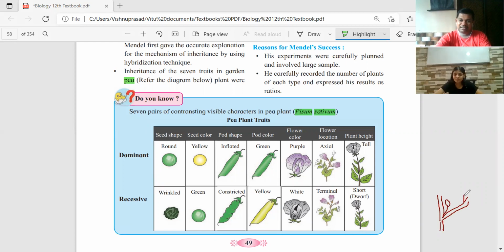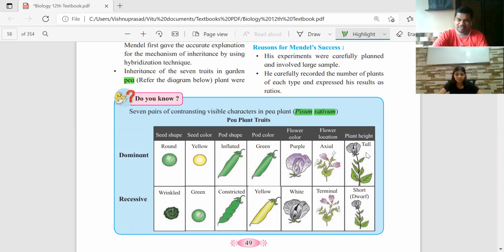And if it comes at the end of a branch, or the end of the stem, then it is called terminal. Can you see that in this picture? Yes, of course. So axial and terminal. Identifying the location of the flower was not a very difficult task. Easy to understand.